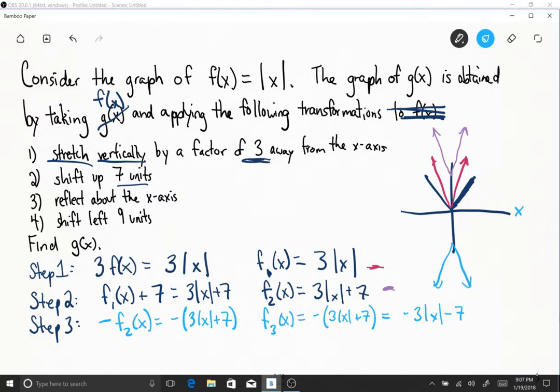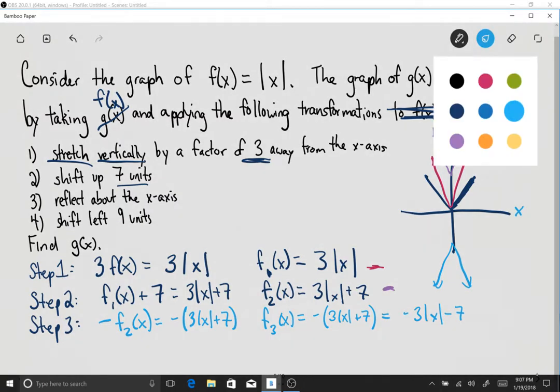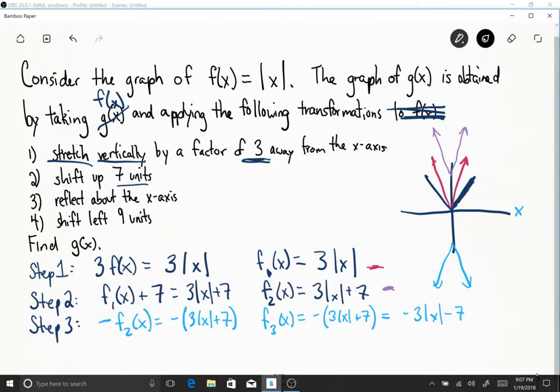So now the final piece to this puzzle, let's see, we'll go black here. So we want to shift left 9 units. So I'll finish with a graph that's somewhere off in here, right? So it should have the same value there.